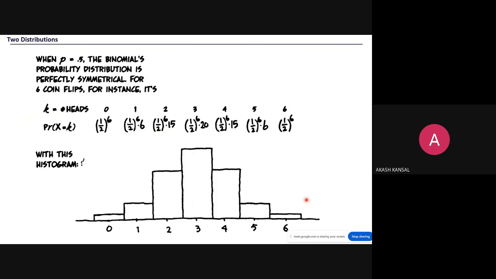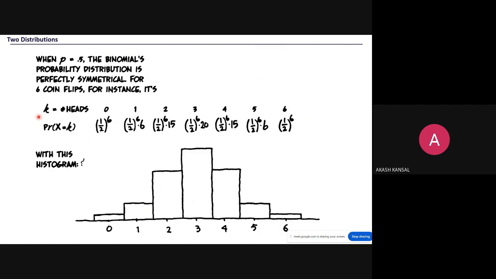Now, let's say that we have a P of 0.5, right? And for a P of 0.5, what is the binomial probability distribution? Let's see. Now, from the earlier formula, we already know that the probability is equal to NCK into P to the power K, 1 minus P to the power N minus K. Okay.